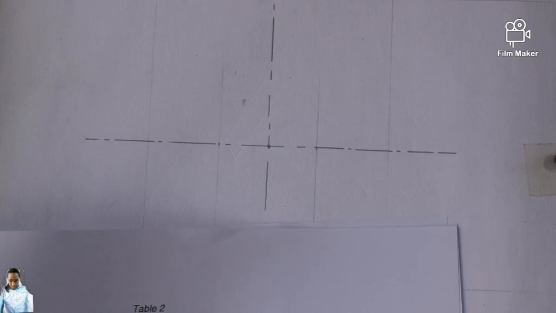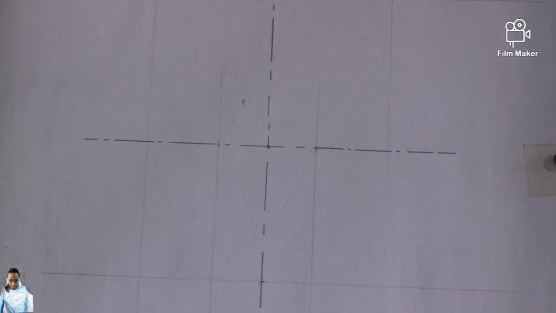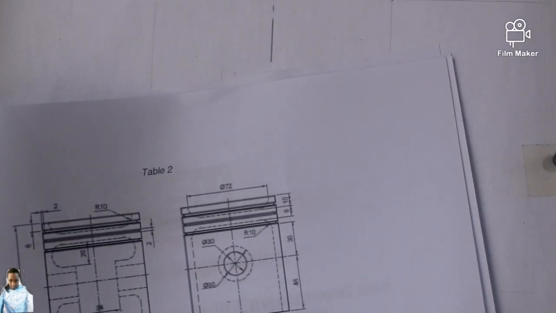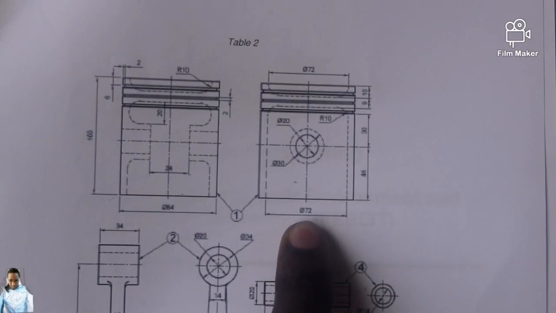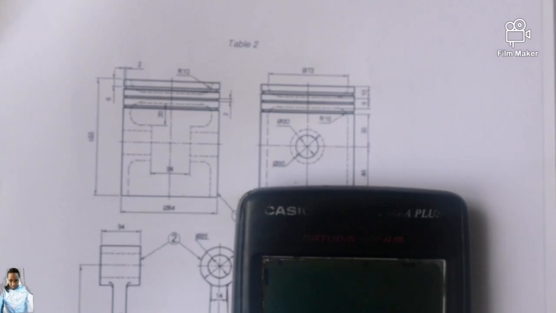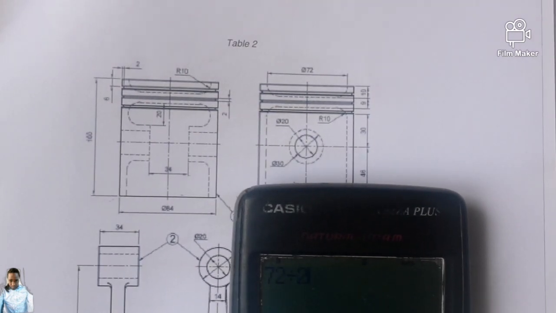What's going to change to dark? We draw it dark. What is going to change to solid? We draw it solid. Okay, now after we've gotten that, let's get the radius. How much? Radius 72. So we're going to say 72 divided by 2. How much? You are getting 36.